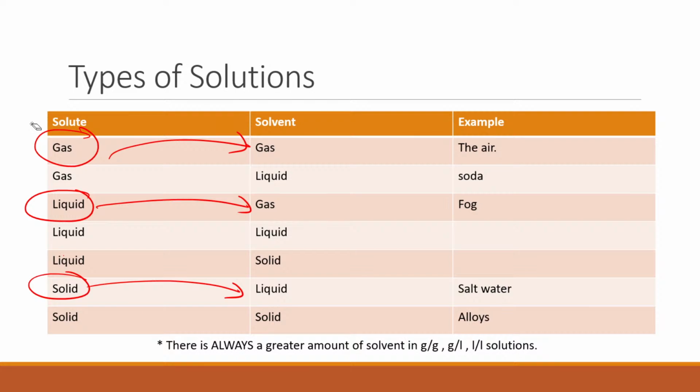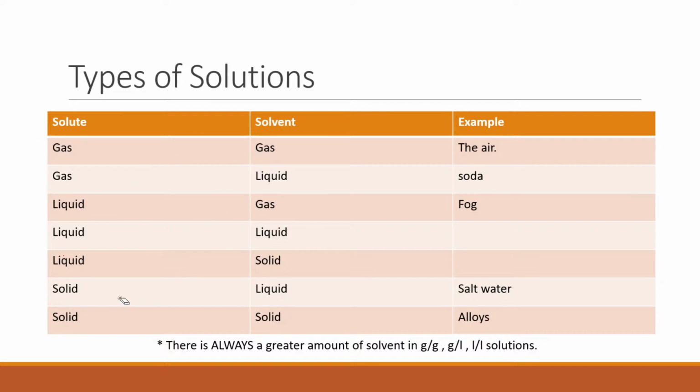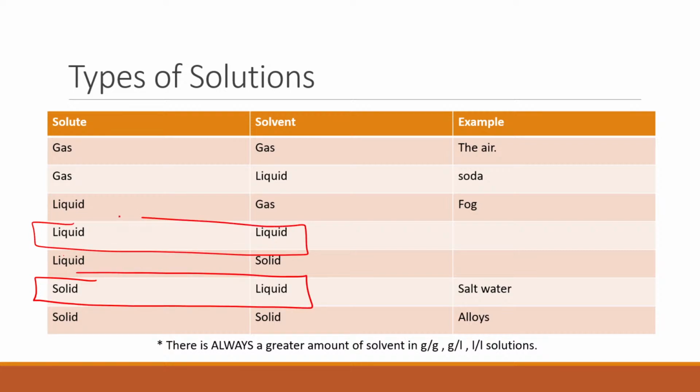The solutions that we focus on, the most common, are going to be solid going into a liquid and liquid going into a liquid. These are what we tended to do the most interactions with.